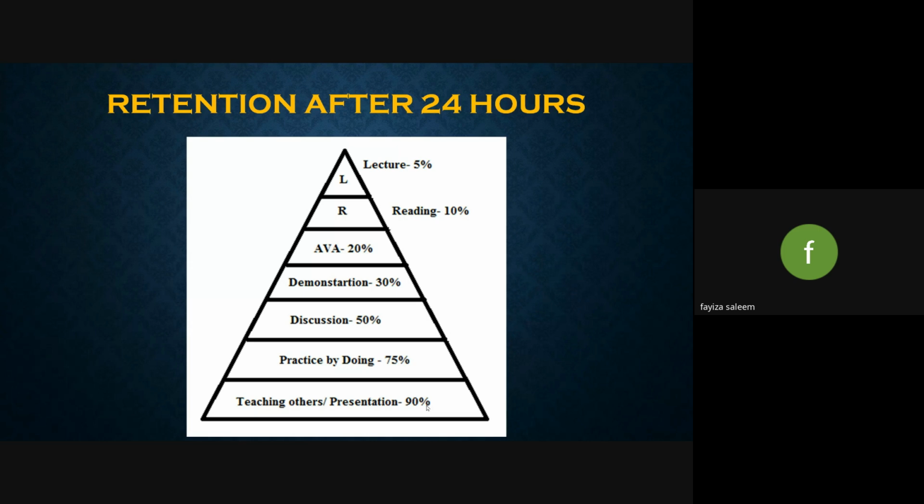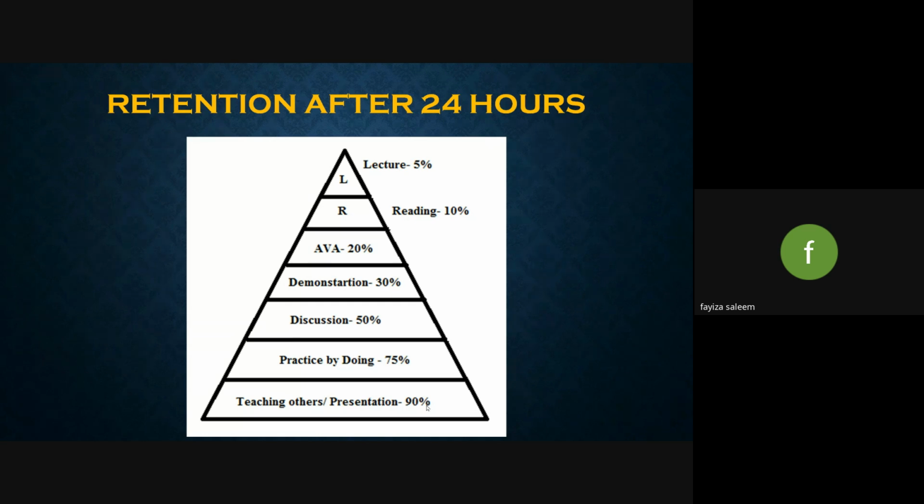So what the researcher did in this particular study, he divided a class into 7 different groups, and he chose the same topic, but the method of teaching was different. First group, he taught the same topic by lecture method.